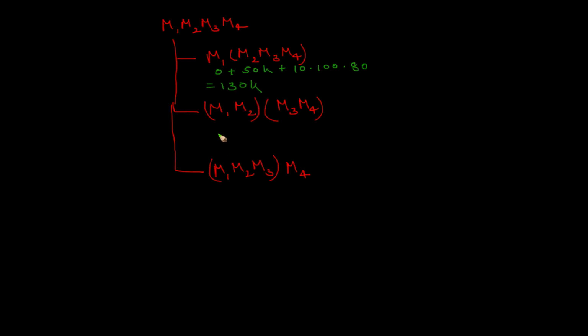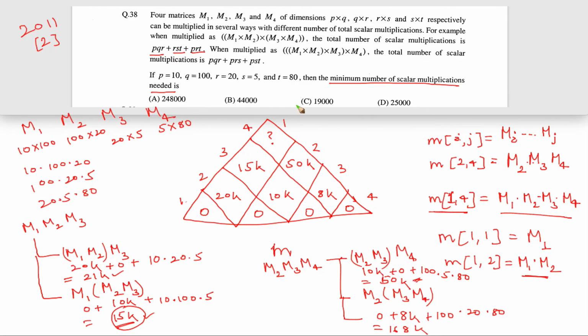Now let's come back to M1 M2 and M3 M4. M1 M2 is 20,000, and M3 M4 is 8,000.